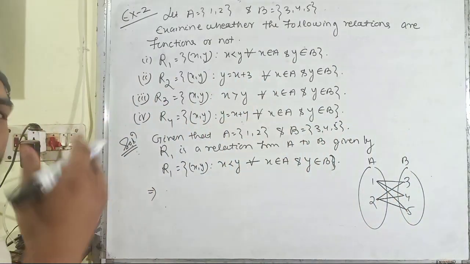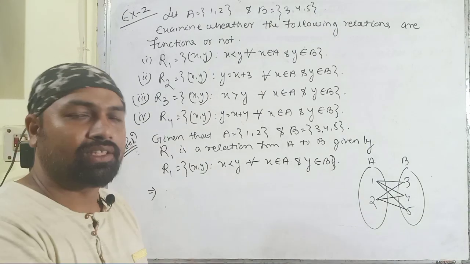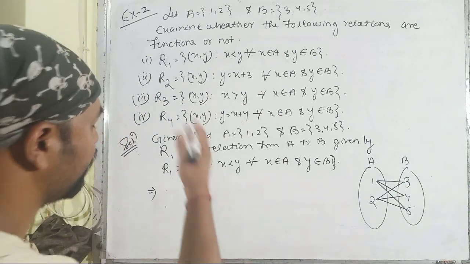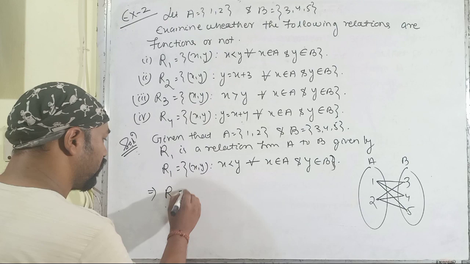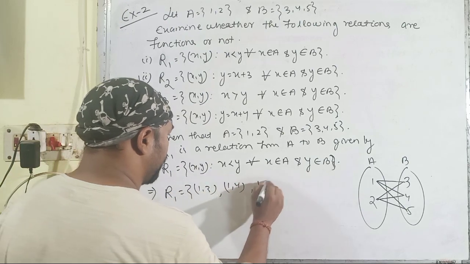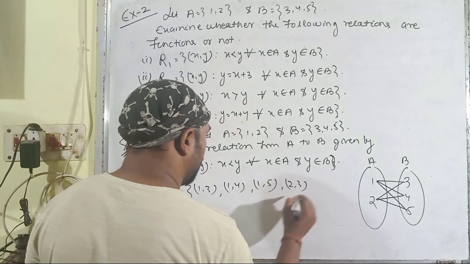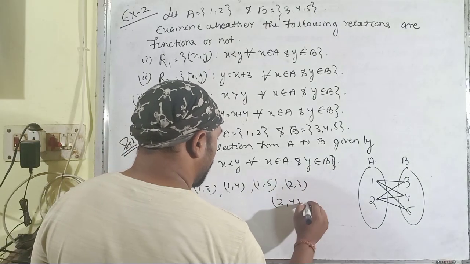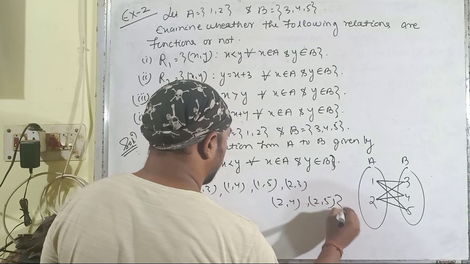That means the total Cartesian product is present here. So R1 = {(1,3),(1,4),(1,5),(2,3),(2,4),(2,5)}.